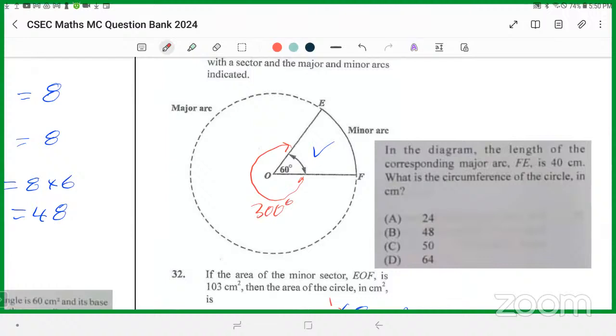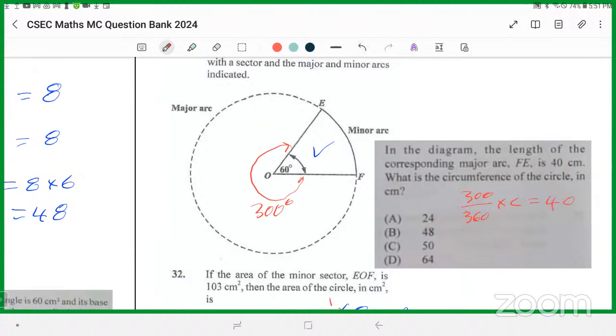And they're asking us for the circumference of the circle. So a similar thing. It means that 300 over 360 times the circumference is equal to 40.